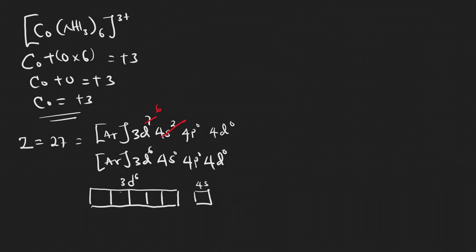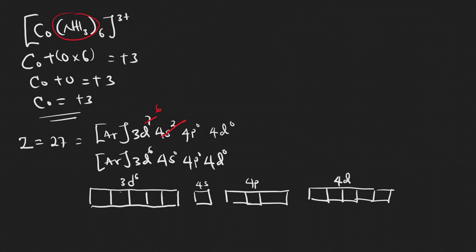Then we have the 4p, 1, 2, and 3. This is 4p. And lastly, we have 1, 2, 3, 4, 5. That's the 4d orbital.